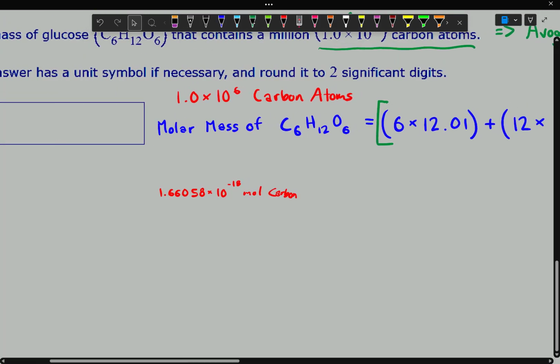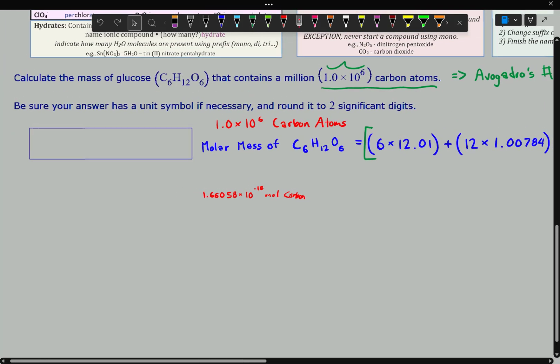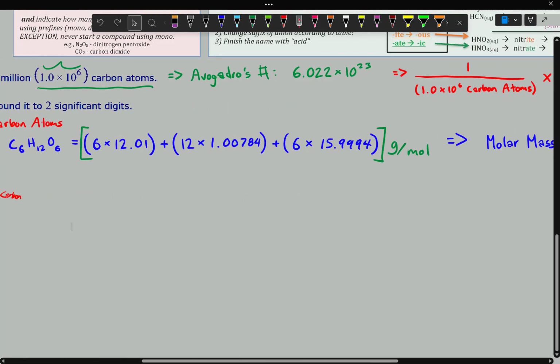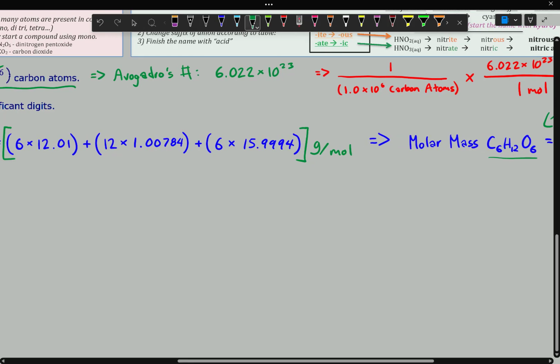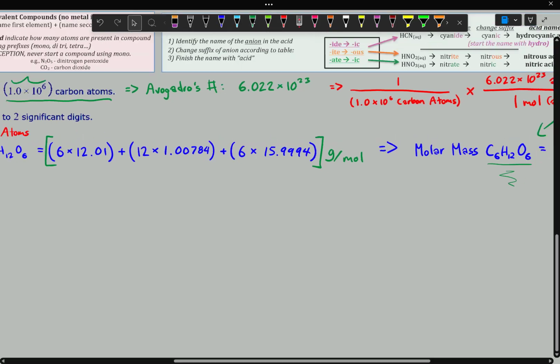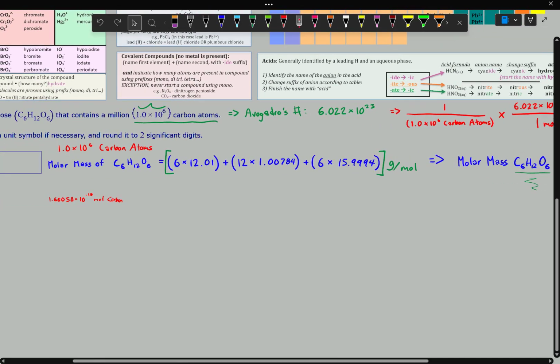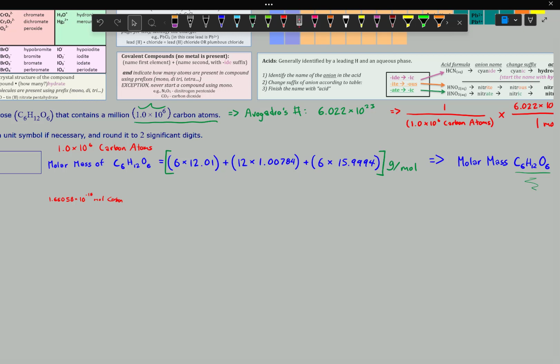Now, remember what we're solving for. We're solving for the mass of glucose, this compound here. So now we have to ask ourselves, if we have a value for how many moles of carbon we have, how do we know how many moles of glucose we have?